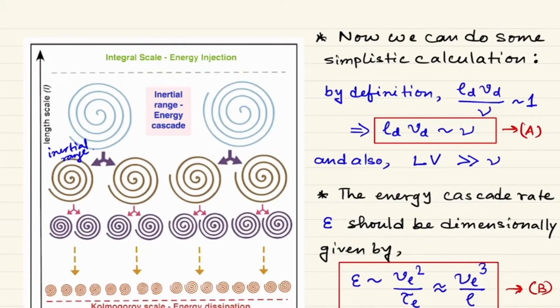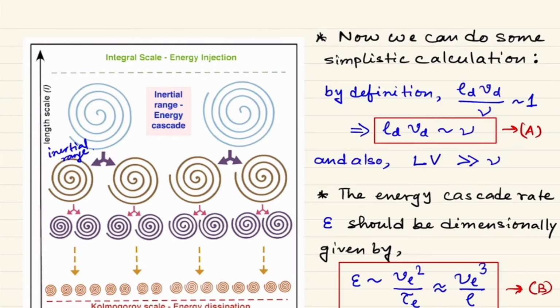So if this is true, then L_D times V_D will be of the order of nu. Once again, we know that the macroscopic Reynolds number, which is capital L capital V by nu, should be much greater than 1. So LV should be much greater than nu.